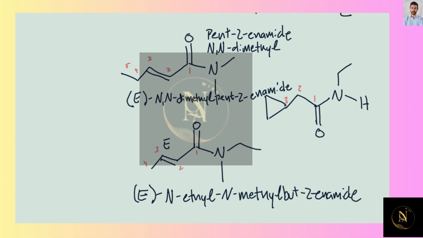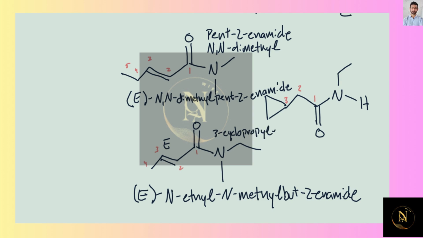So again, we have this functional group, 3-cyclopropyl. That will come before ethyl alphabetically, because we know this is going to be N-ethyl. So we'll start with 3-cyclopropyl.